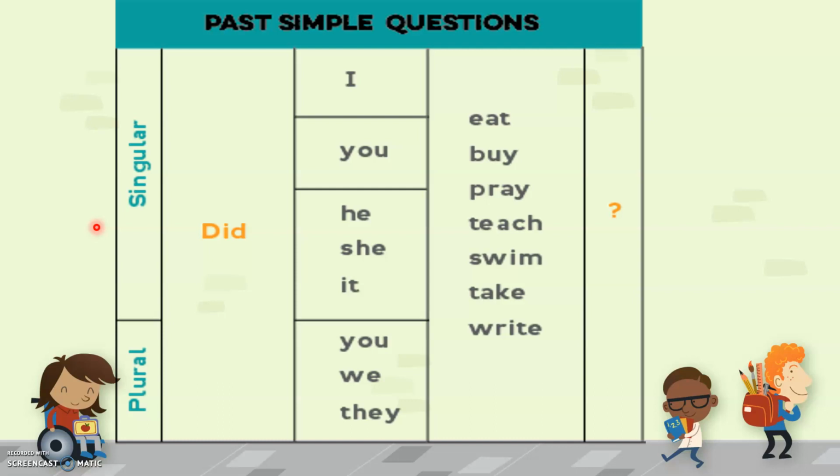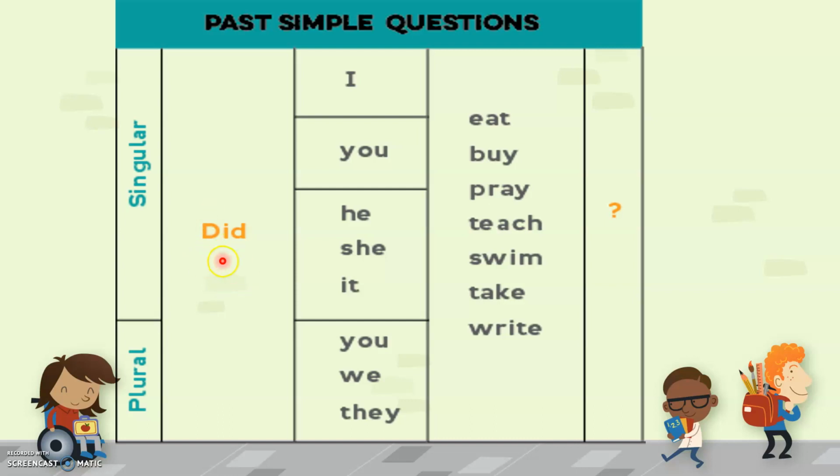For these questions, usually, we can answer by yes or no. So how do we make the yes or no questions in the past tense? Also, it's super easy. We only start the question with did. No matter what the subject is, we need to start the yes or no question with did.